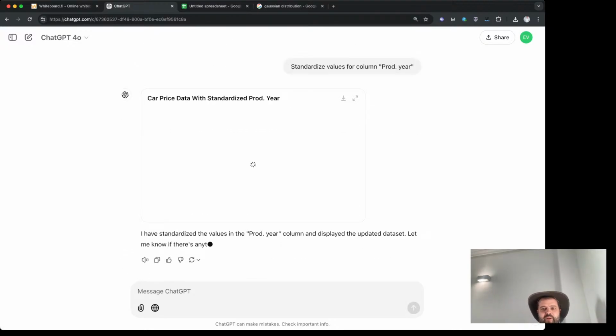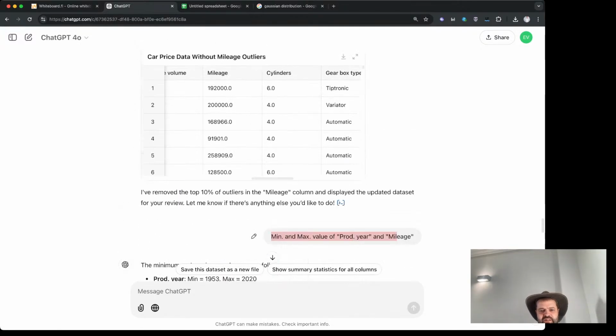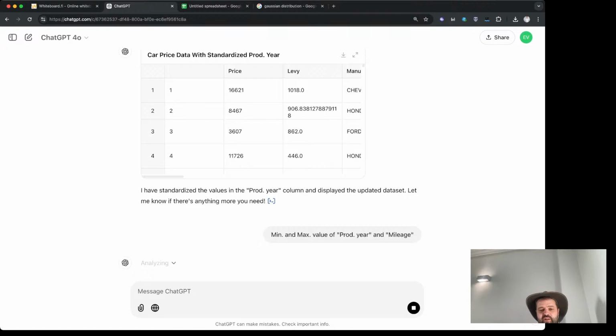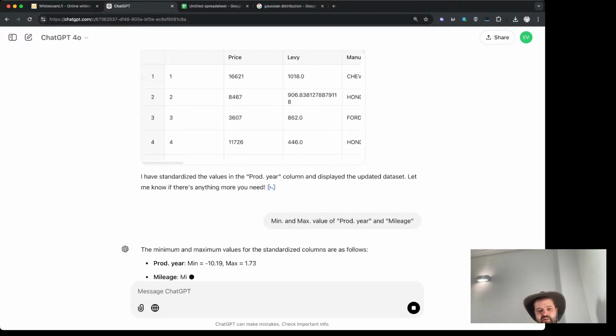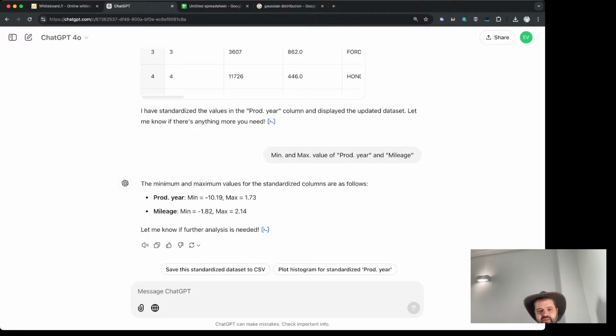And now, if I ask the same question as before, mean and max values for these, they will be both in the same range. And this is very important, actually, for the model inputs. Yeah, so you will see that later. So again, year is a little bit skewed to one side, but they're basically very close. The difference is not anymore 100,000.